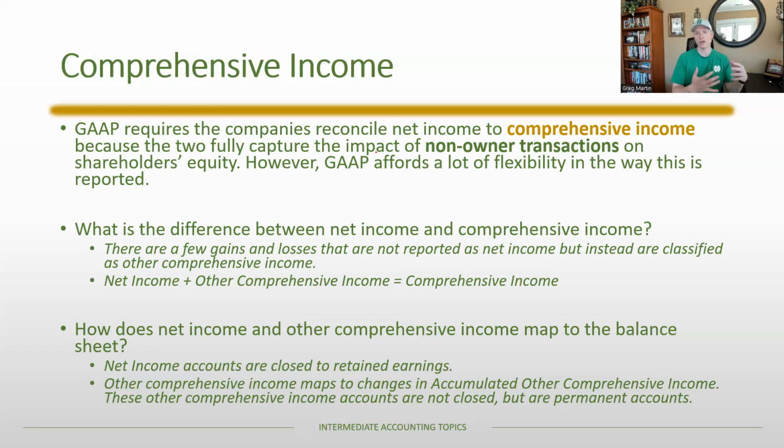It's part of comprehensive income. The change is reported as other comprehensive income, but the accumulated change is accumulated other comprehensive income, which is a balance sheet item. So it's similar in that they both map between the two, but a little different in that the actual underlying account isn't really closed.